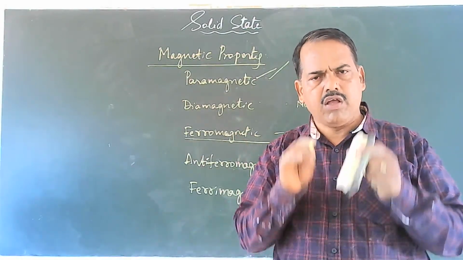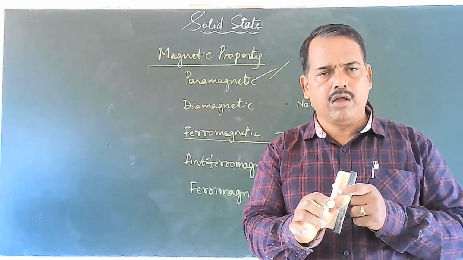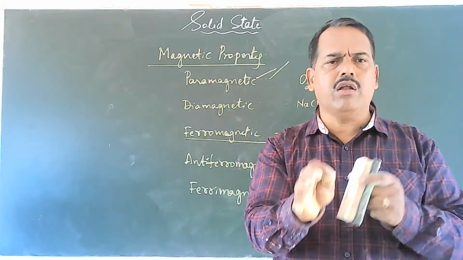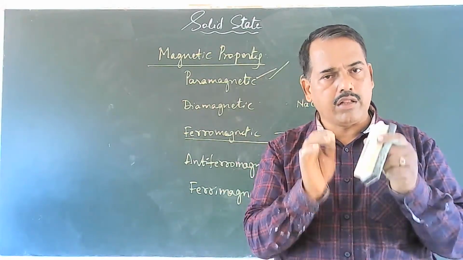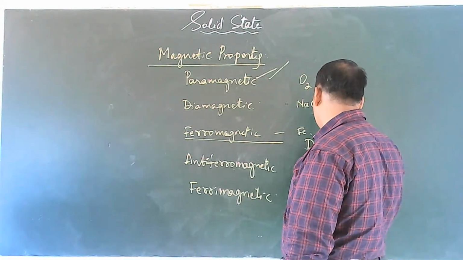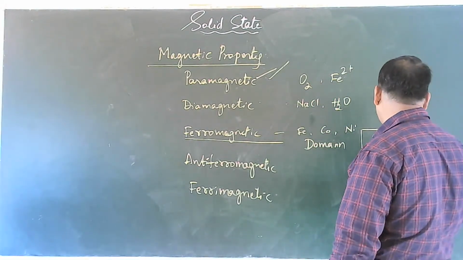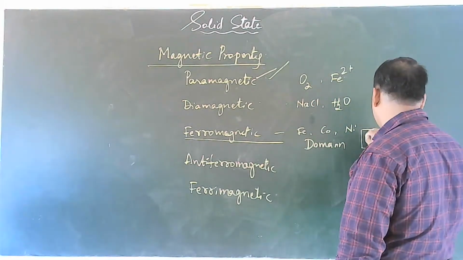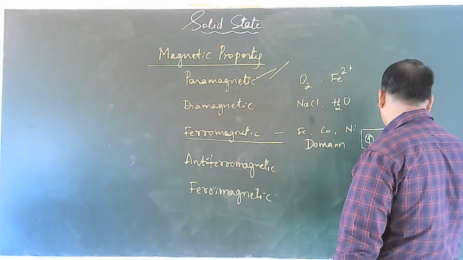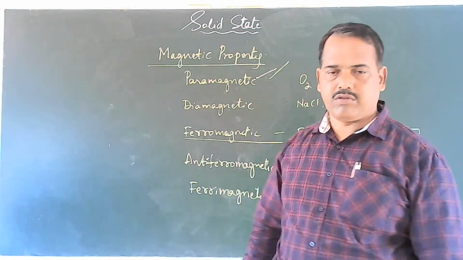In the entire lattice, each small particle acts as a magnet, and that is called a domain. All are well arranged in only one direction. Are you clear?